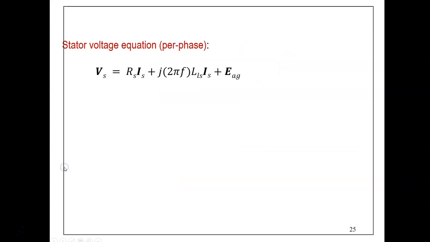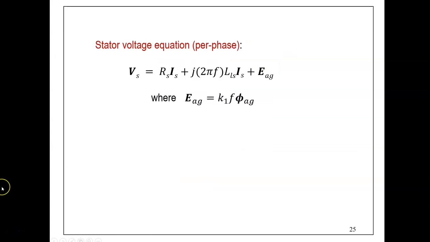We start off with the stator voltage equations. Vs is the applied voltage, which is a phase voltage. Rs Is is the voltage drop across the stator resistance.